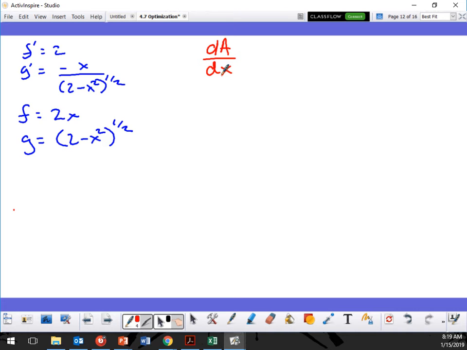So it is product, so that would be 2 times g, which is 2 minus x squared to the 1/2, okay, plus g prime, which is negative x over 2 minus x squared to the 1/2 times f, which is 2x. I'll put that over 1 so we can keep track of that.